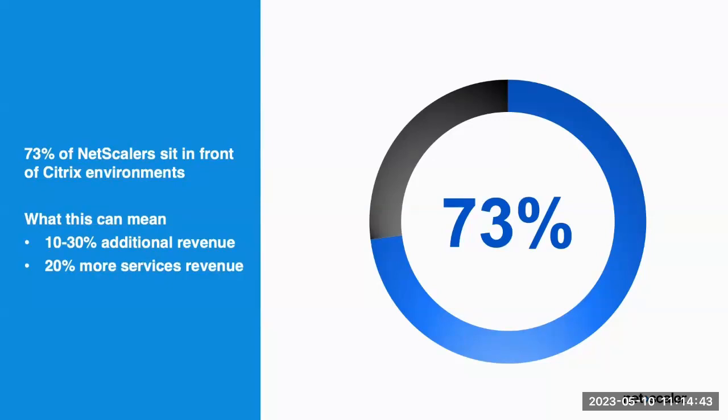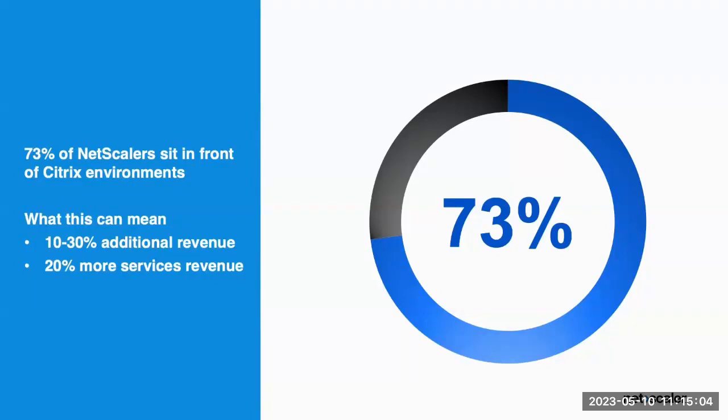Now, that does not mean that 73% of NetScaler business comes from attached sales, or even that 73% of the value of NetScaler is that it sits in front of Citrix. This data comes from the call home and the support bundle data, and thus it may be a little skewed by a variety of different things.